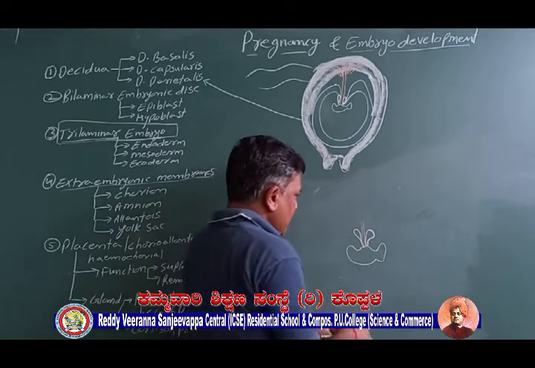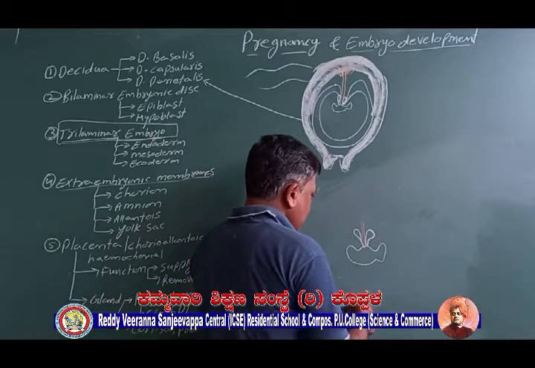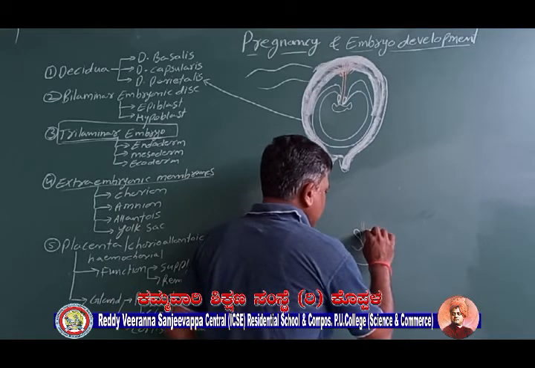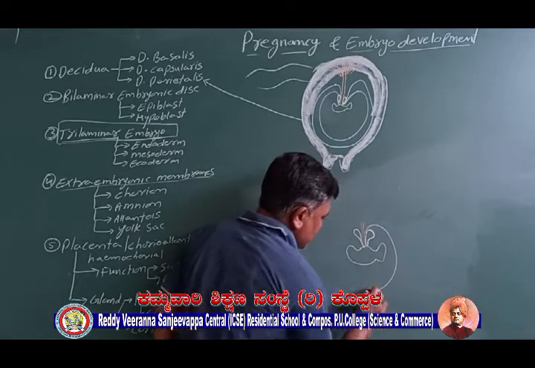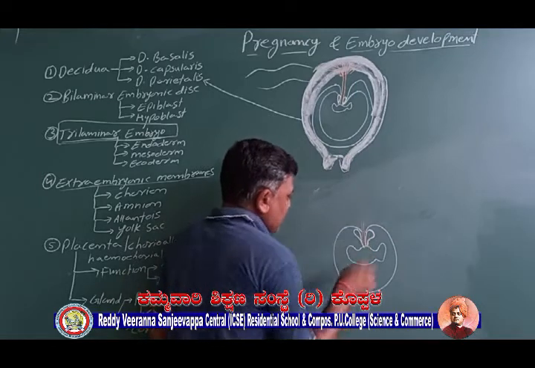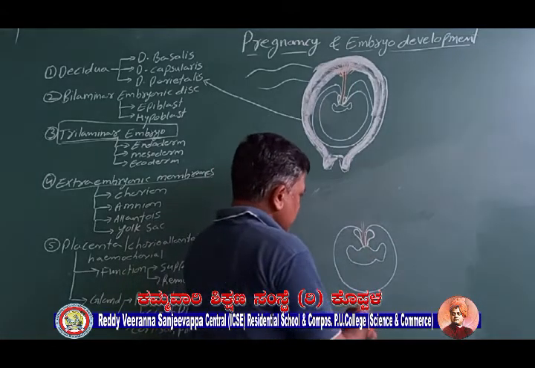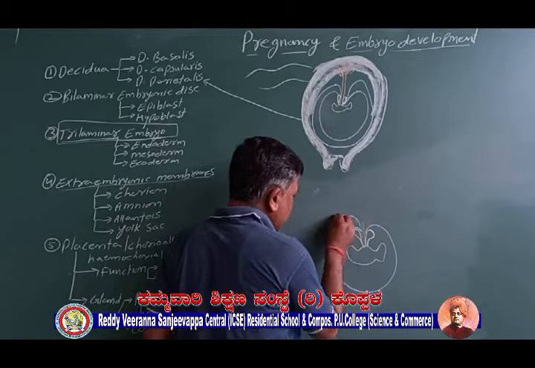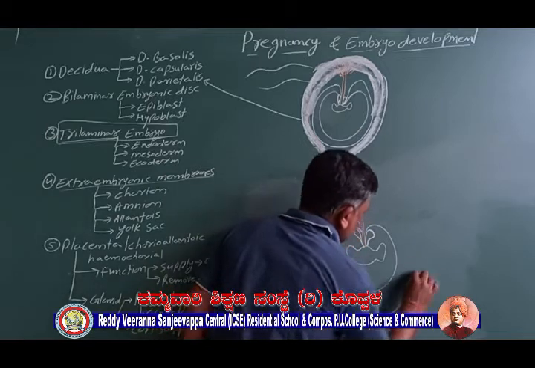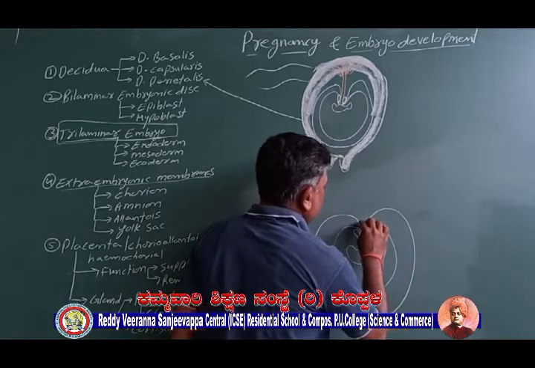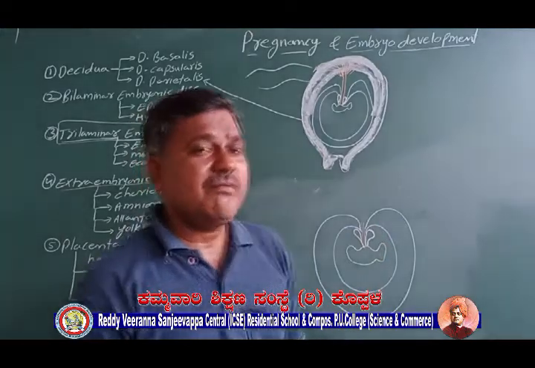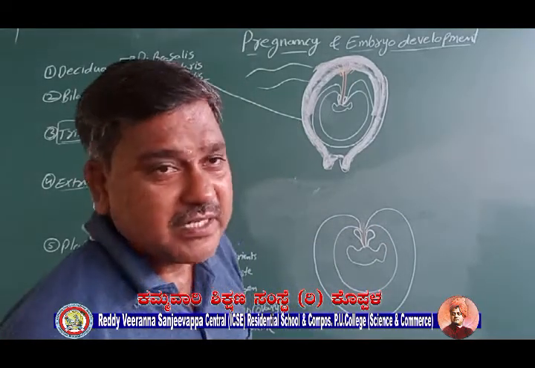Now, it is covered with one layer. Again, above this there is one more layer. So, these are the extra embryonic membranes.